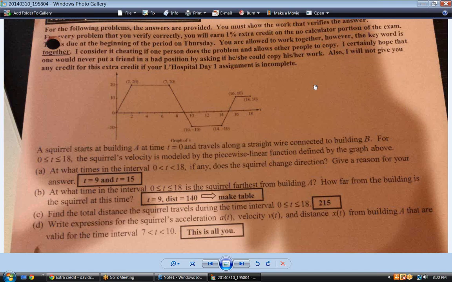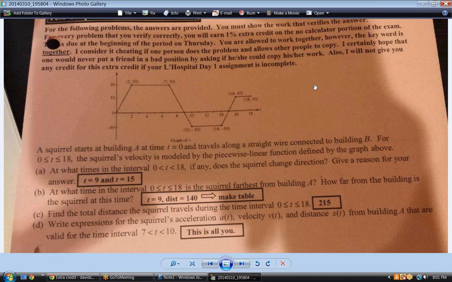Okay. Let's see, a squirrel starting at building A. Where's building A? I don't see a building A in that diagram. Am I missing something? At time, maybe time 0. Oh, okay. All right. I got it.